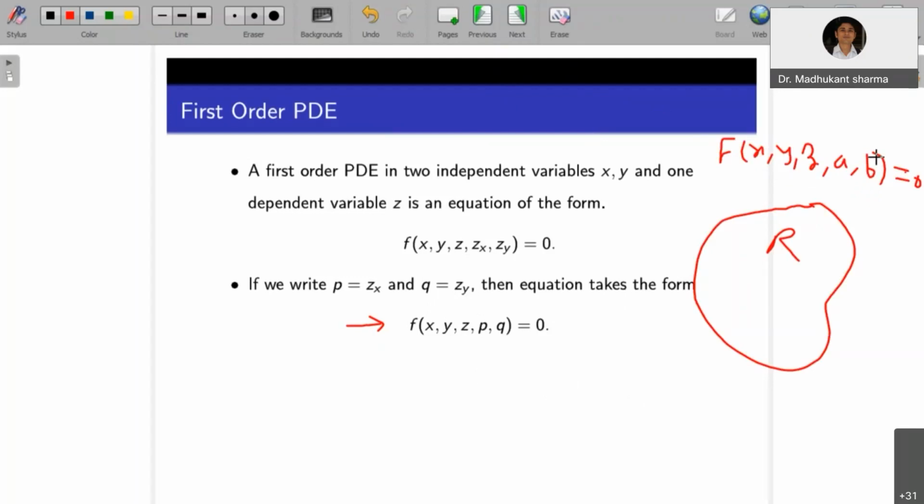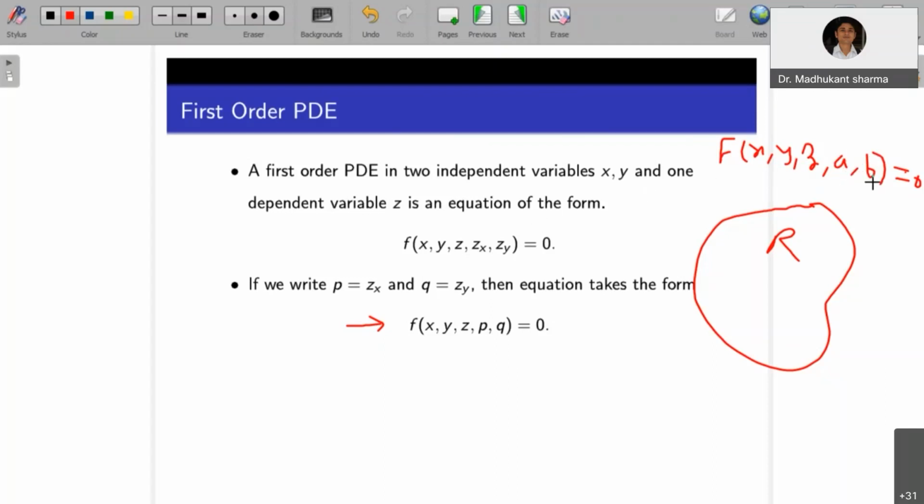Like in the ordinary differential equation case, the general solution of a first order ordinary differential equation will have one arbitrary constant. But in the case of a first order PDE with two independent variables, its general solution will have two arbitrary constants.